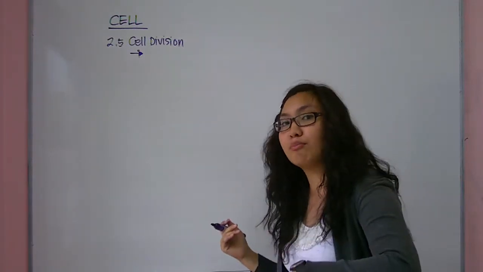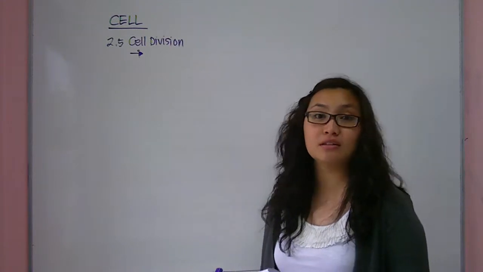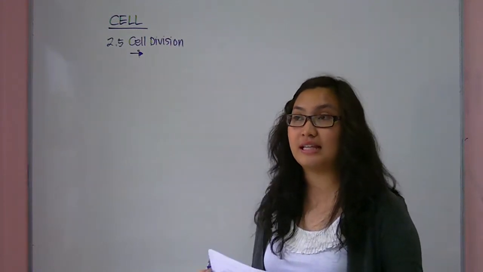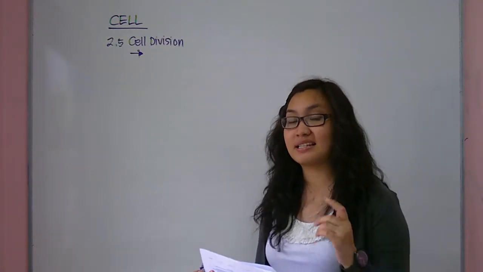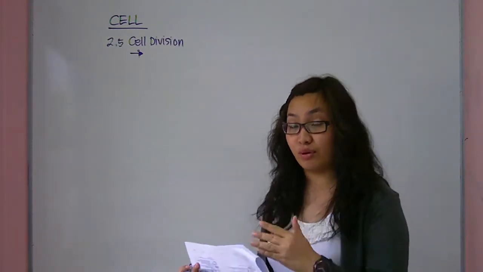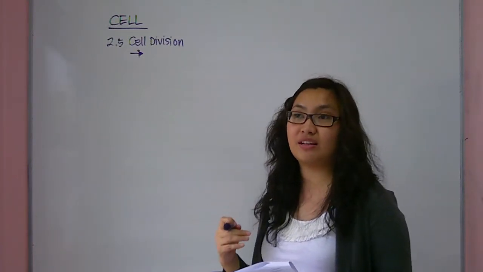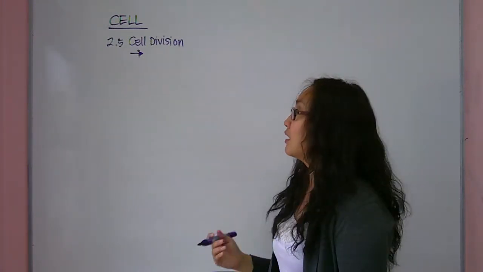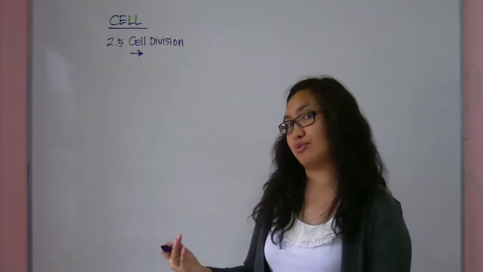So we have to go back to the previous topic, which is the cell theory, that says all cells come from pre-existing cells. The reason why there is growth, the reason why there is repair, and the reason why there is asexual reproduction, it's because cells keep on reproducing.